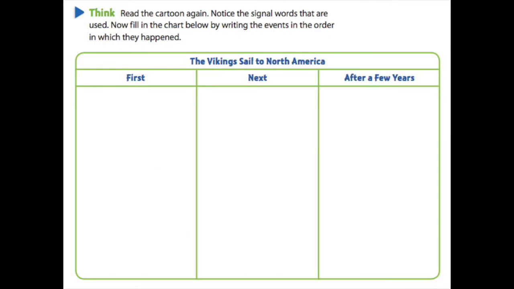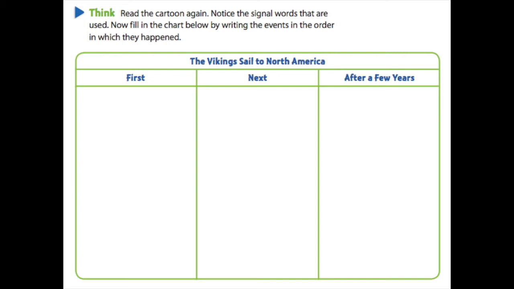For your assignment today, you are going to use that cartoon with the Vikings, and you're going to read the cartoon again, and you're going to notice the signal words that are used. Then you're going to use this chart to fill it in, okay? This chart will be on your Google Classroom, so you can copy it down on your piece of paper at home. Make sure you put the title.